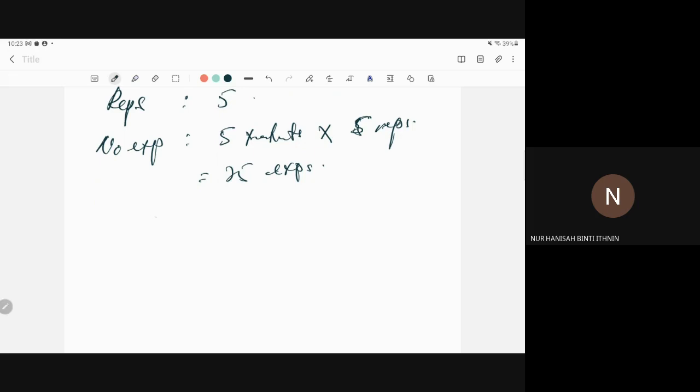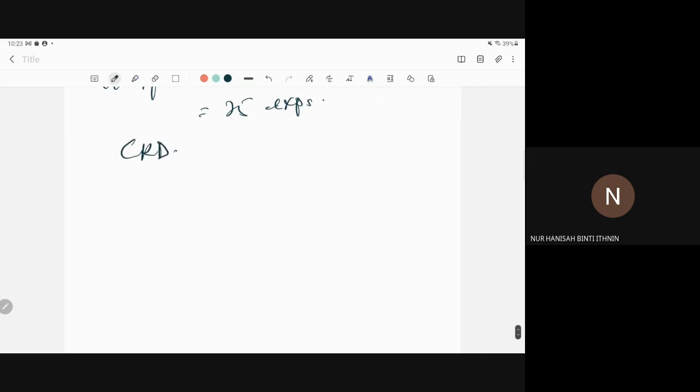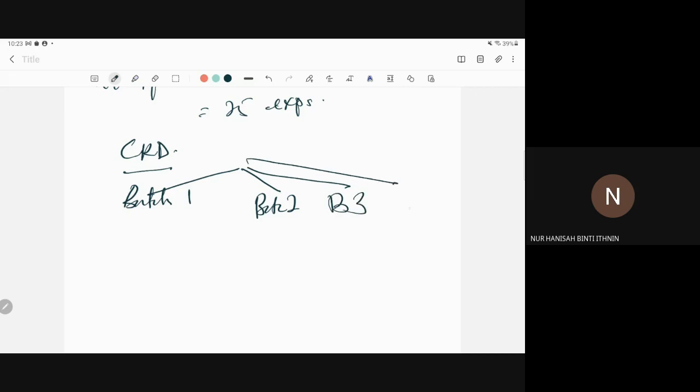Okay, if you are going to do this according to CRD, meaning that when you go into the lab, you need to have 5 batches: batch 1, batch 2, batch 3, batch 4, and batch 5 of bananas.